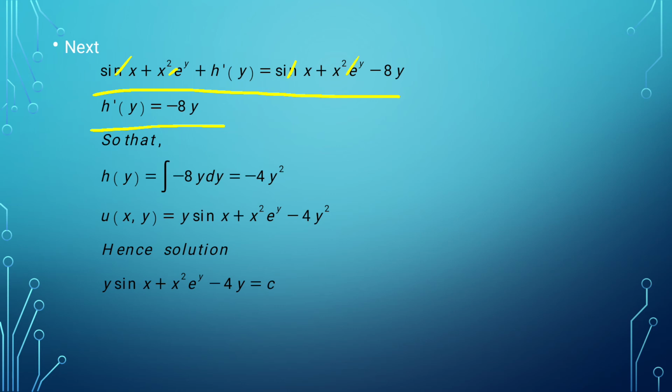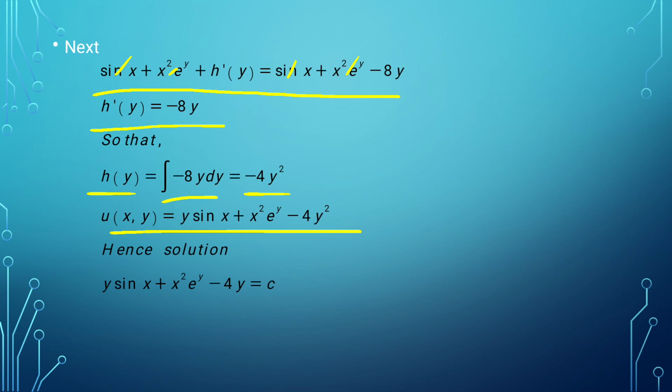Now, if I want to get h(y), the function h(y), I'll need just to integrate the derivative of h(y), and I'll get negative 4y squared. Then now let us go back and substitute h(y) in our solution, in our u function. So when you substitute that, you basically get that.